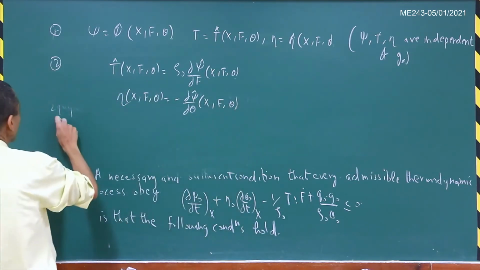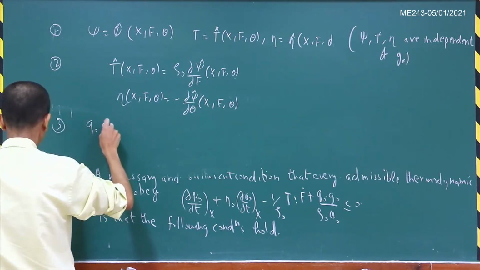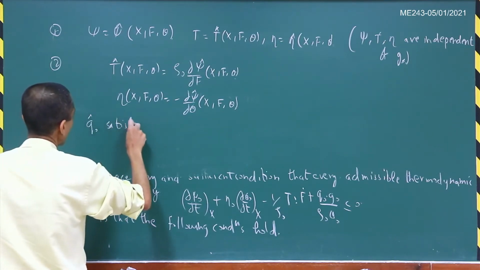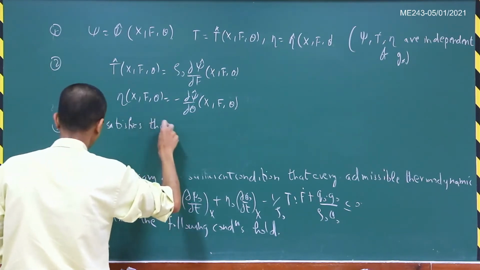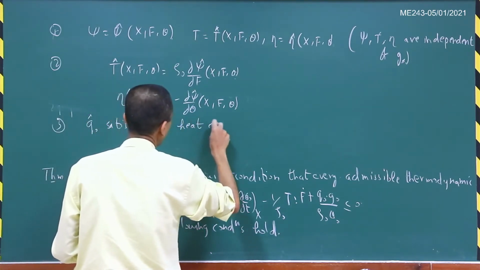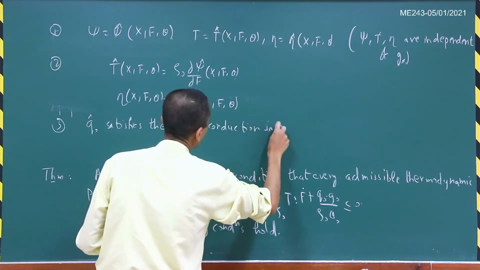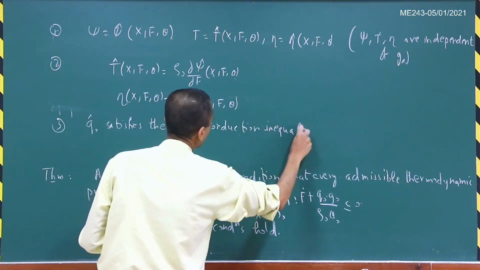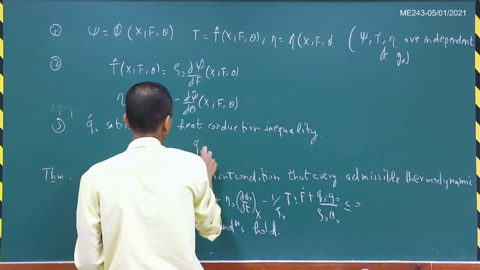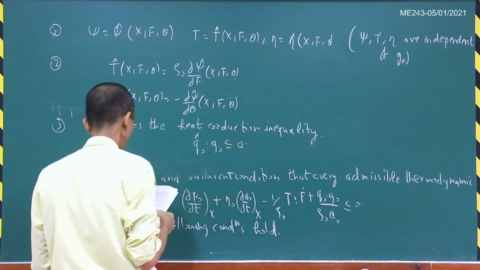And 3 is that Q naught satisfies the heat conduction inequality: Q naught dot G naught is less than or equal to 0.